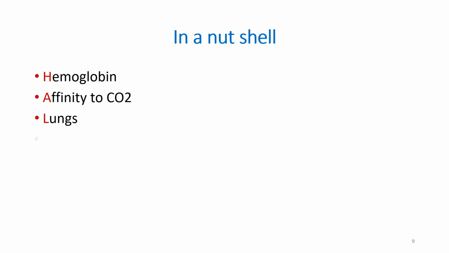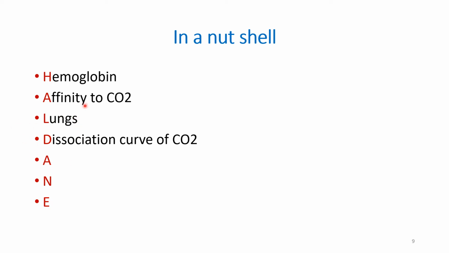Now, in a nutshell, if you get a question like the Haldane effect, what are the must-know points? First of all, when you hear the term Haldane effect, you should remember that it is the hemoglobin affinity to carbon dioxide depending on the concentration of oxygen.